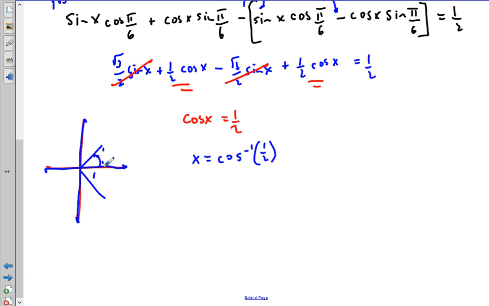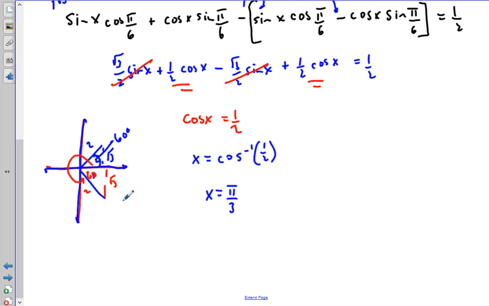Cosine is adjacent over hypotenuse. Once again, this is one of our special triangles, so x is going to equal what's opposite 30, or square root of 3. That's going to be a 60-degree angle, which we know is pi over 3. If you go all the way around again, this is also going to be a 60-degree angle, because that's going to be square root of 3.